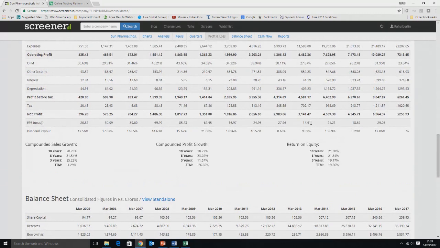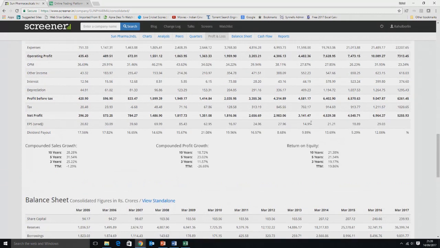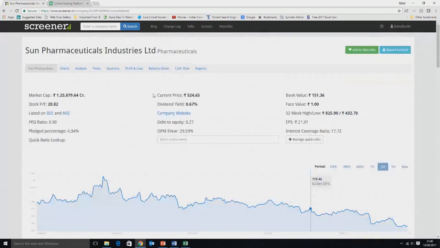It has a very good, fantastic EPS. So this is actually satisfying six conditions out of seven. But the PEG ratio is more or less close to 1. So the current price is more or less its fair value.